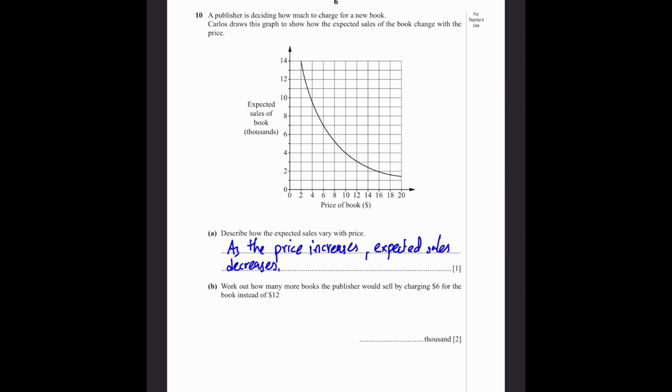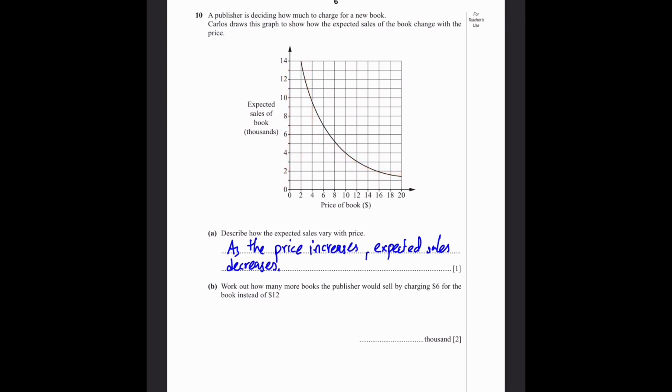Because this graph is a curve going as a negative gradient, if you draw a straight line, it'll become a negative gradient line graph, and therefore we can say that it is inversely proportional. And that means the price increases, goes from 0 to 20, and the sales decreases. It goes from 14 all the way down to 2.